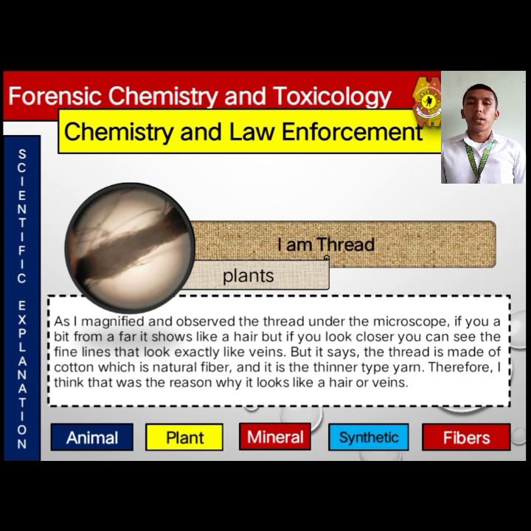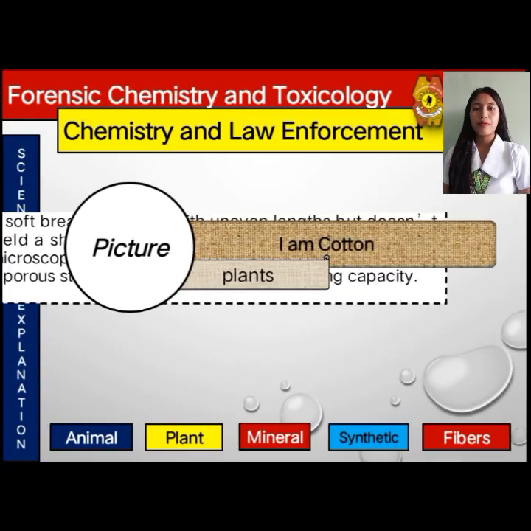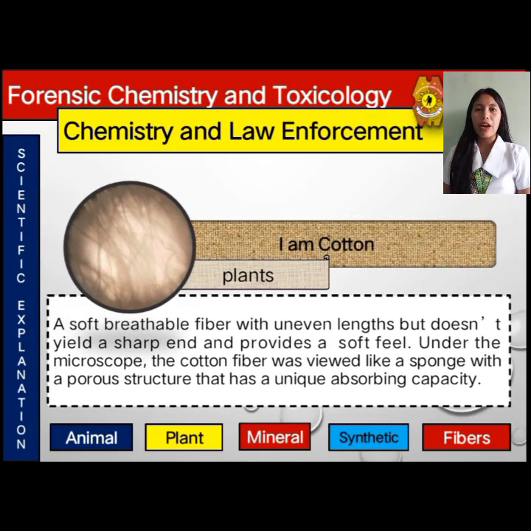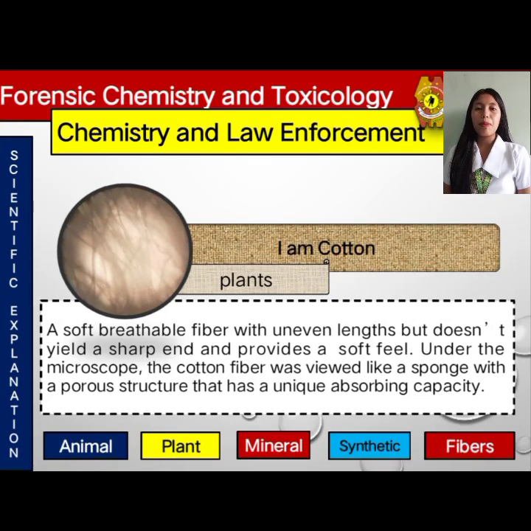Therefore, we think that is the reason why it looks like hair or veins. Cotton. A soft, breathable fiber with an even length but doesn't yield a sharp end and provides a soft feel. Under the microscope, the cotton fiber looks like a sponge with a porous structure that has a unique absorbing capacity.